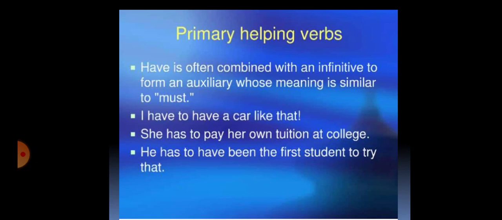What is the infinitive here? To have. When we add to with the base form of a verb, it becomes an infinitive. She has to pay her own tuition at college. She has to have been the first student to try that.